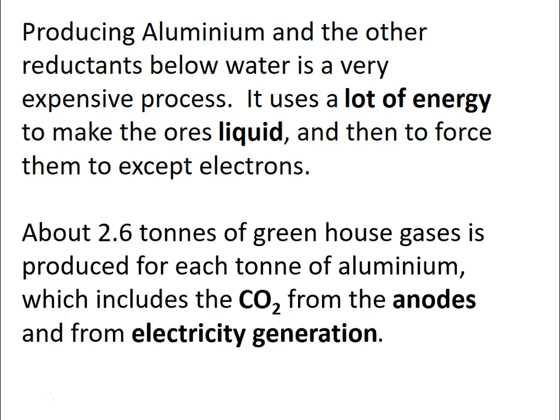And so both of these in Australia, producing electricity, we make carbon dioxide for both of those reasons. And then the actual anodes themselves also turn into carbon dioxide. So there's about 2.6 tonnes of greenhouse gases produced for every tonne of aluminium metal.